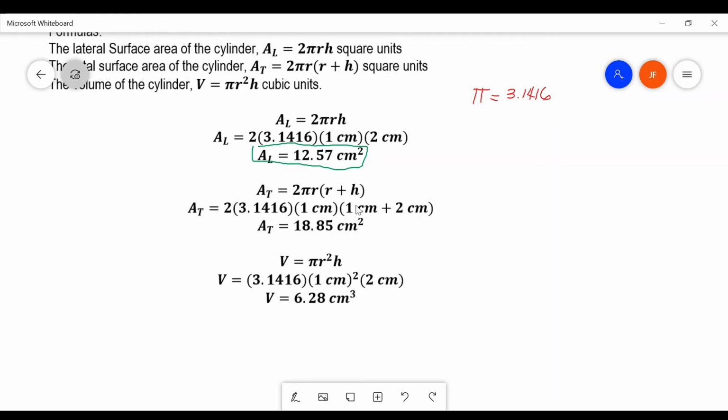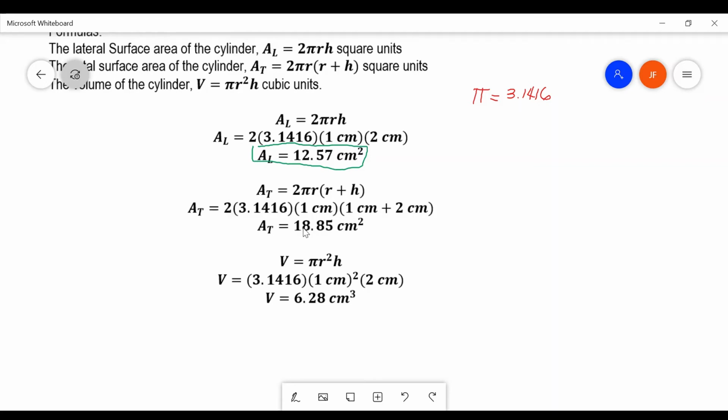If you are going to calculate this, we are also to follow the GEMDAS or the PEMDAS or the BODMAS concept, meaning the ordering of operations. So we are going to first solve the value within the parentheses, and the rest will follow.